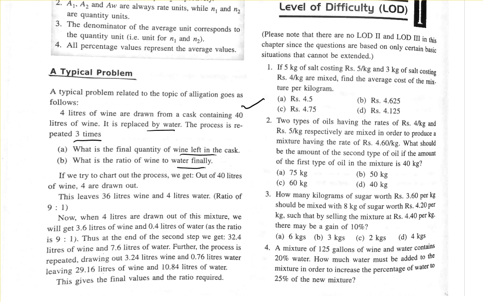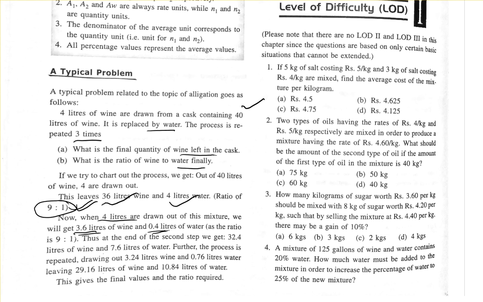If we try to chart out the process, out of 40 liters of wine, 4 are drawn out. This leaves 36 liters of wine and 4 liters of water, a ratio of 9:1. This ratio becomes very important. Now when 4 liters are drawn out, we get 3.6 liters of wine and 0.4 liters of water out. Then 4 liters of water is again added.